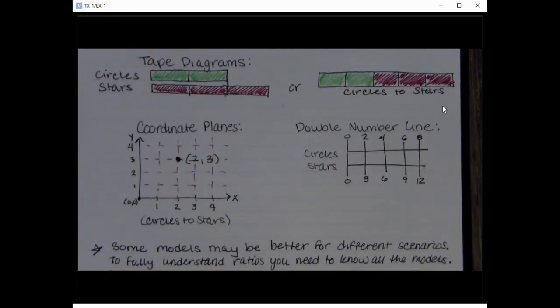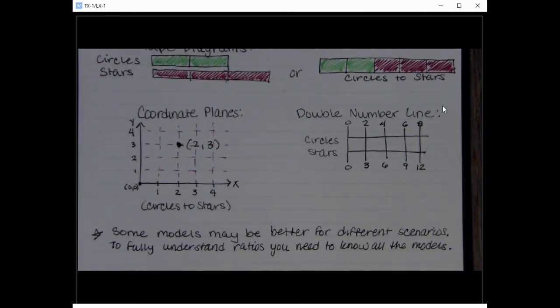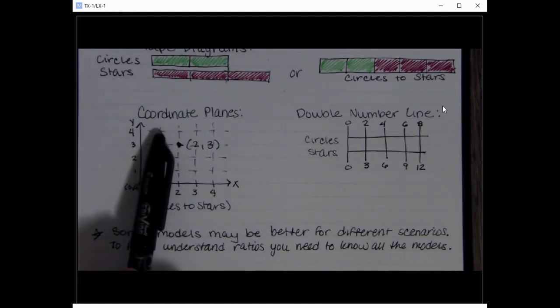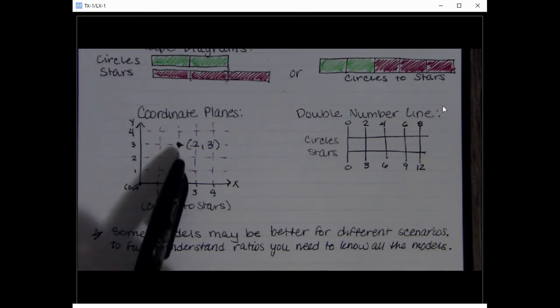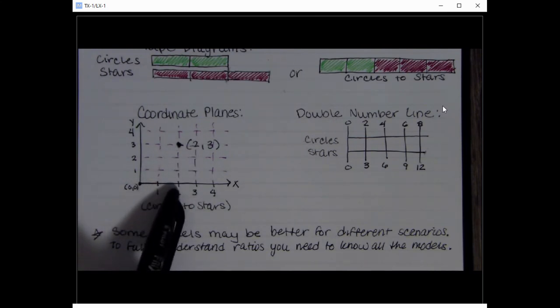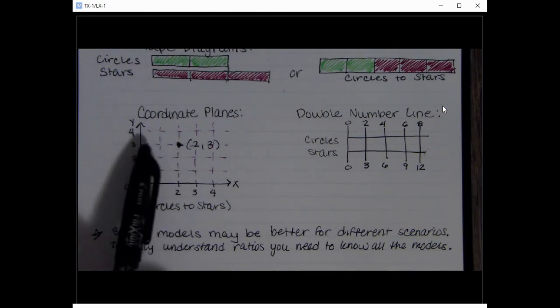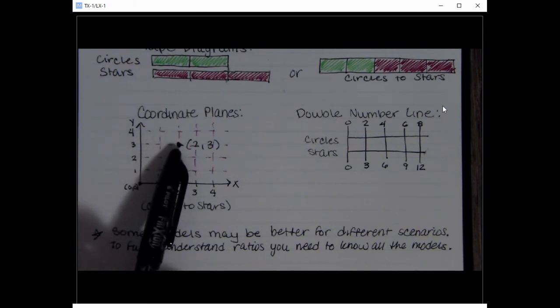The last 2 forms that we can see ratios in are on a coordinate plane. So another word for coordinate plane is a graph. By using titles and labels, we can see the ratio of 2 to 3 by graphing 2 on our x-axis, 3 on our y-axis, and meeting them together at this point.